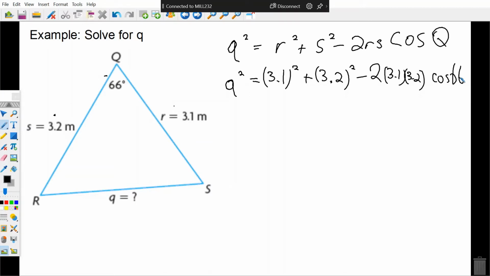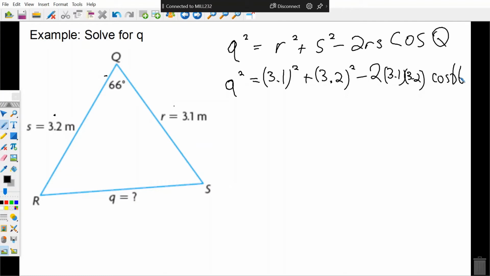All right. Now it's unlikely your calculator can do this all in one shot. Some of them might be able to, but odds are it's a better bet to do a little bit at a time and then combine them.